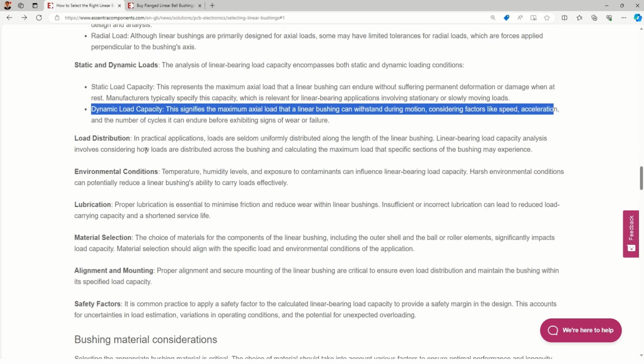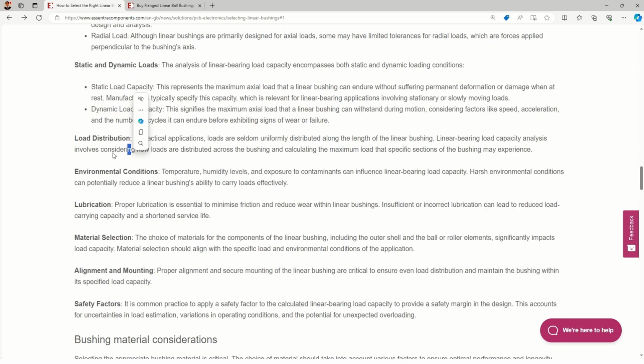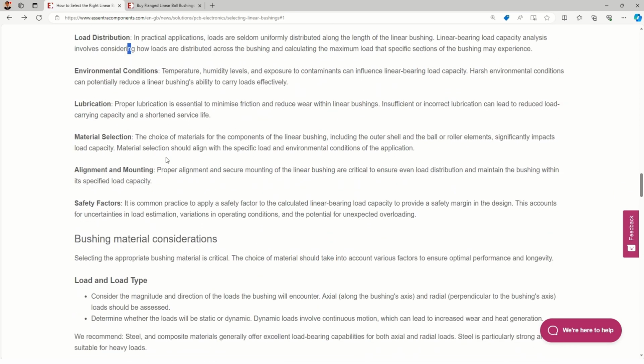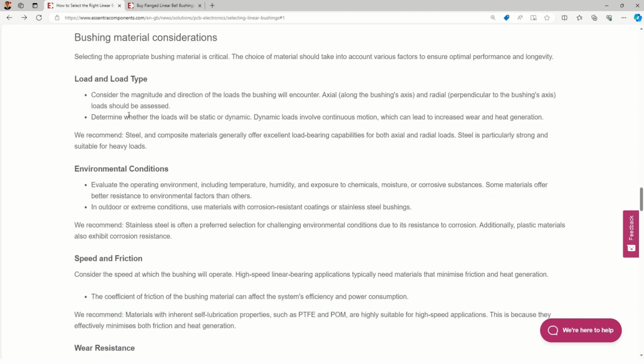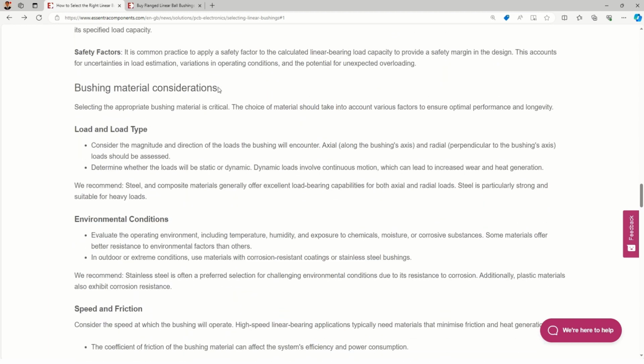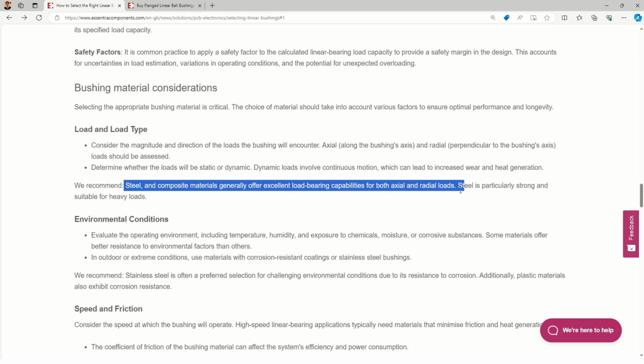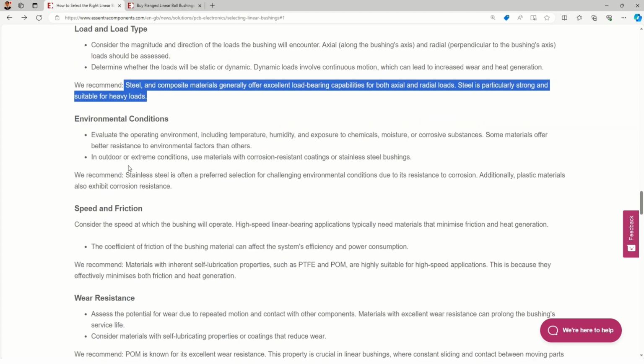So during motion it should take that load, and then how the load is distributed and the other parameters are there. Then bushing material, which is also important: which type of material we should choose. According to the load and load type we can decide. Mostly steel and composite materials offer excellent load bearing capabilities for both axial and radial loads. Steel is most widely used.